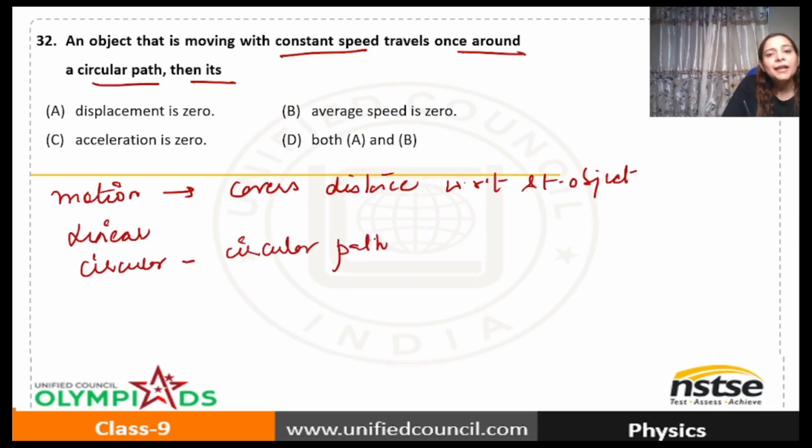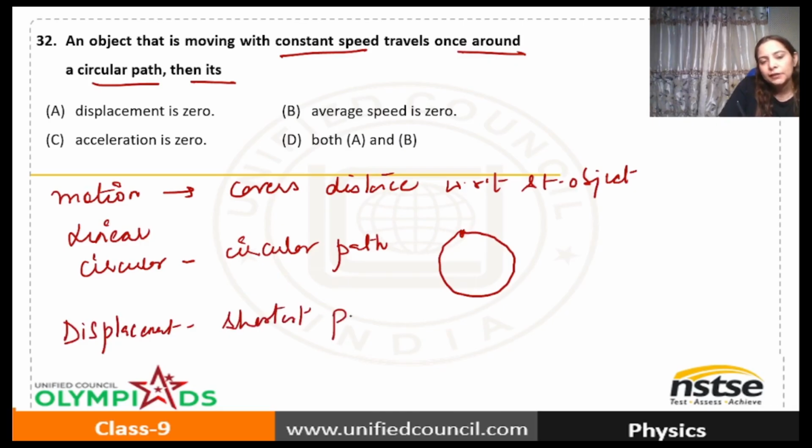When a body is moving in a circular path, let's say it starts from here and ends up here. A circular path is something where the initial and final points coincide. If I talk about displacement, displacement is the shortest path covered by any body.